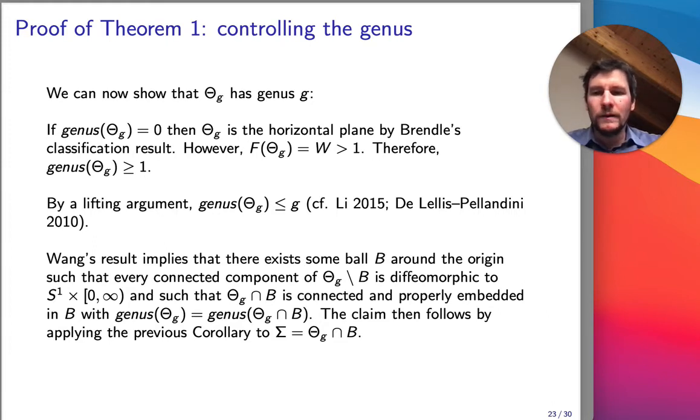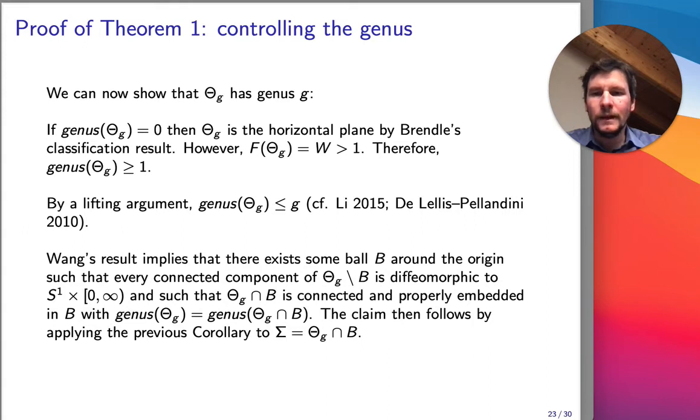But by Louvain's result, we know that there exists a ball around the origin, such that every connected component outside the ball is either a conical end or a cylindrical end, so it's some cylinder or half cylinder topologically.